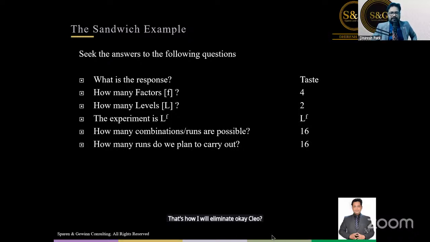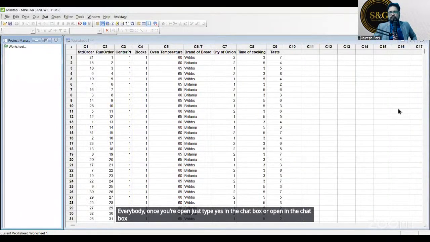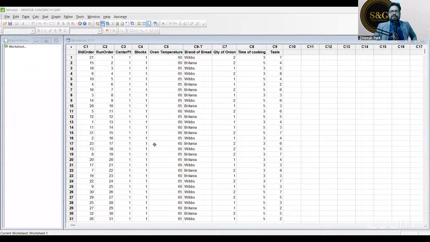Super. Now let's open this Minitab file. Everybody, once it's open, just type yes in the chat box. First we'll create the worksheet like this.